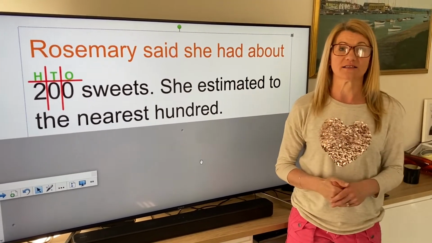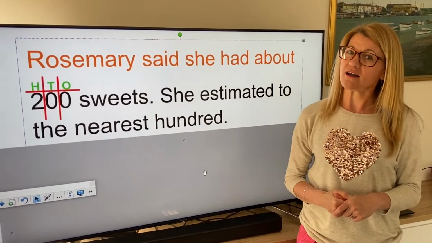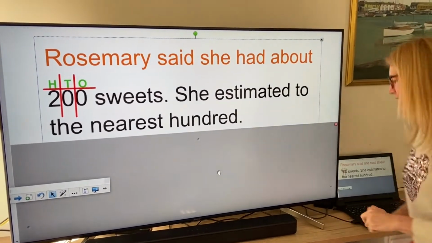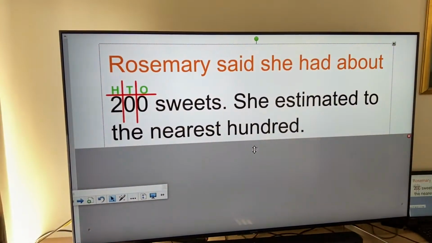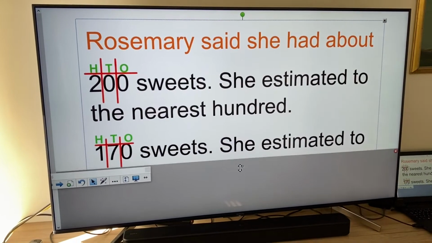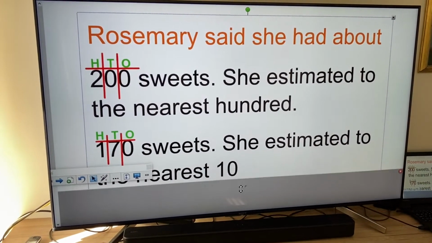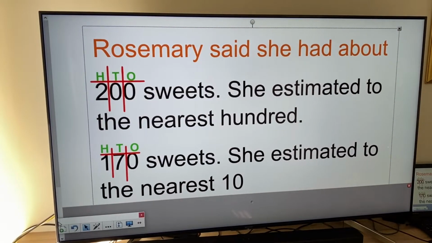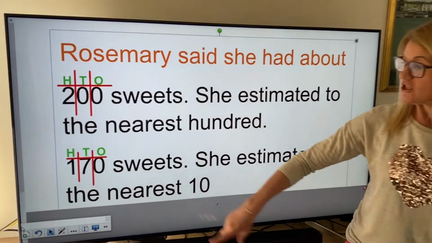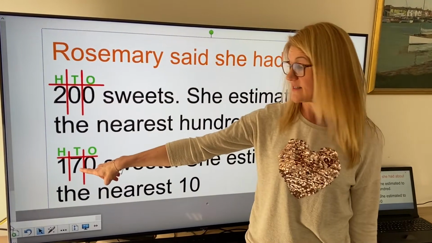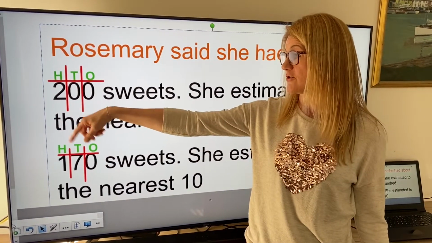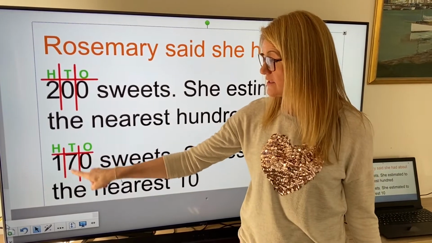And when Delilah said to her, Rosemary, I think you know how many you've got, Rosemary said, okay, I think I've got round about 170 sweets. So what she had done is she had rounded to the nearest 10. So there she rounded to the nearest 100, and here she rounded to the nearest 10.